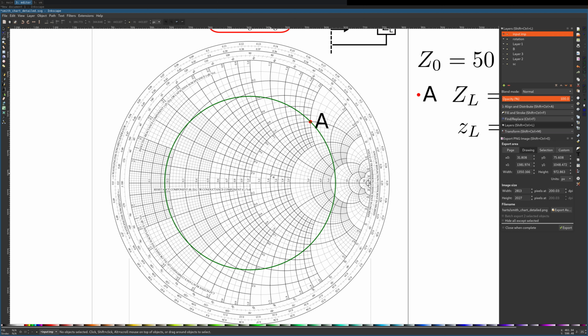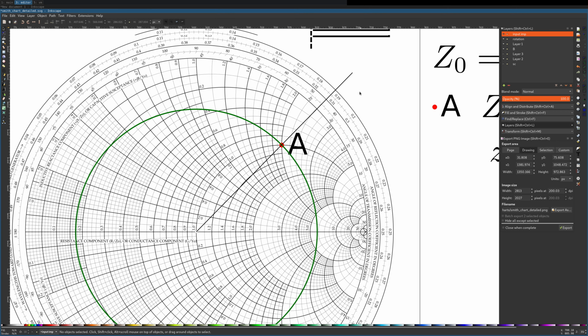Having drawn the circle, I want to know how much I need to rotate toward the generator to find the input impedance. I do that by first drawing a line from the center, intersecting with point A, and then going across outside of the Smith chart.